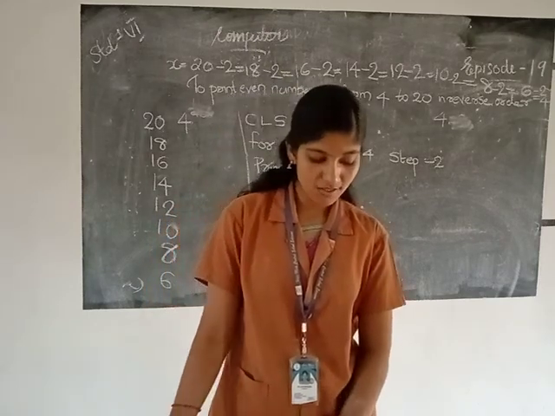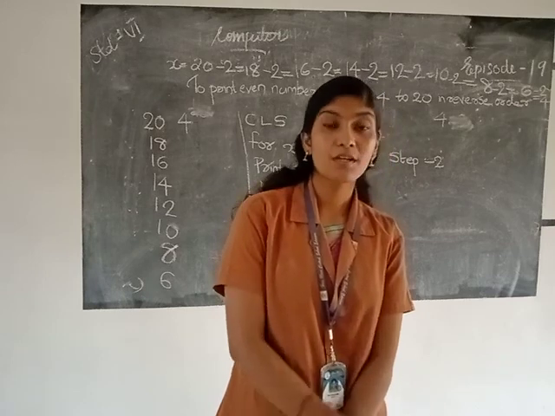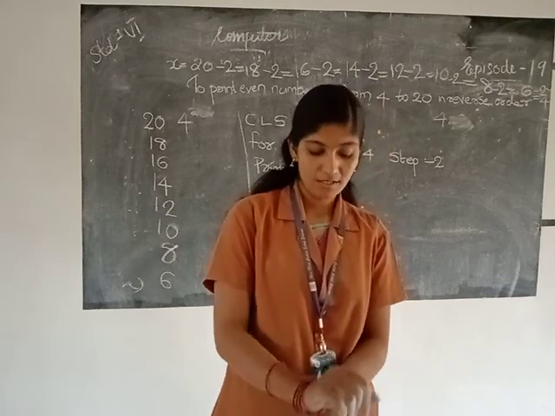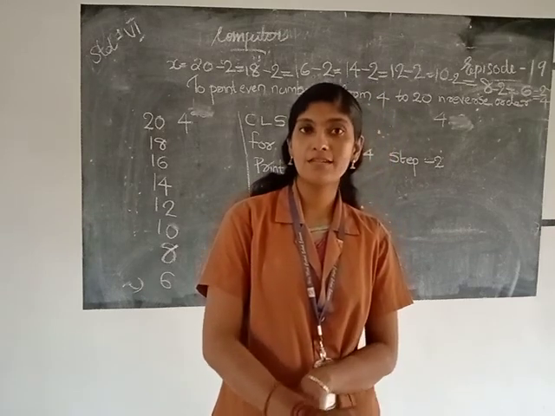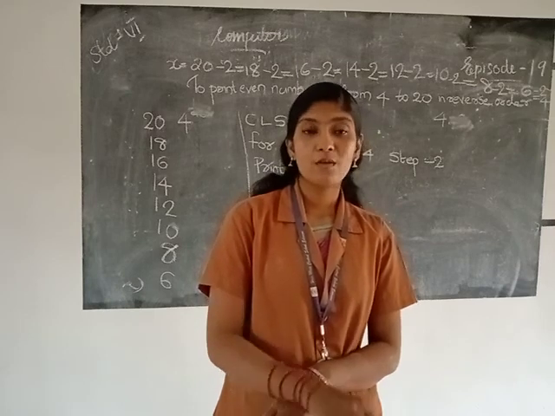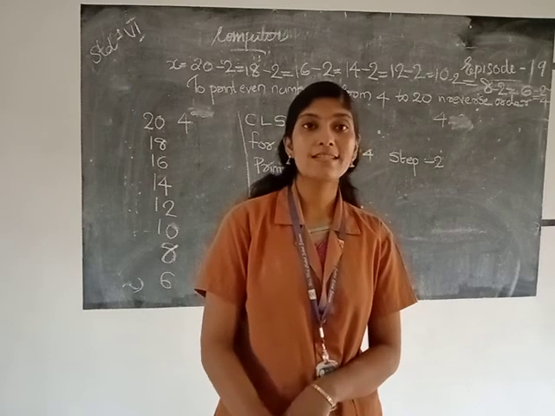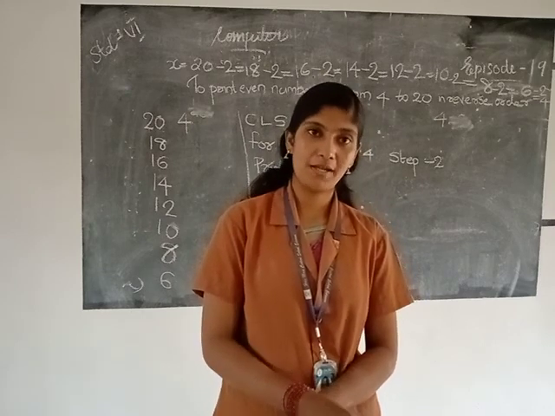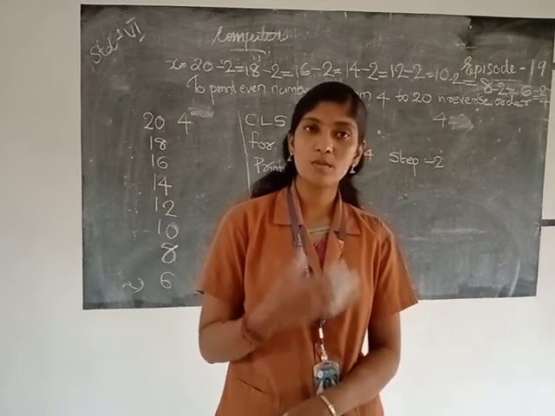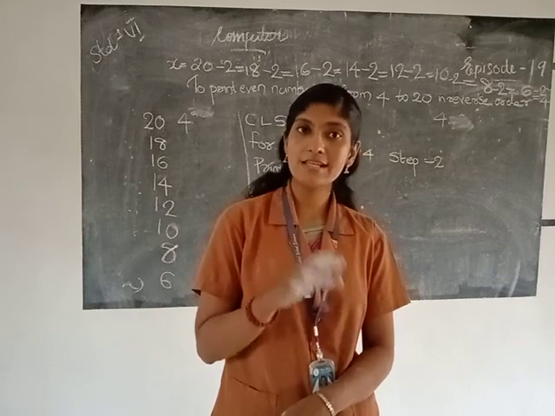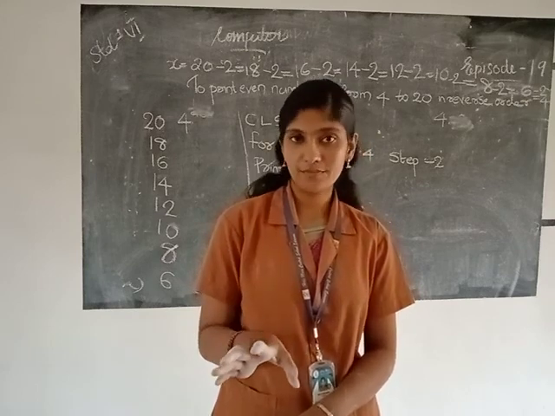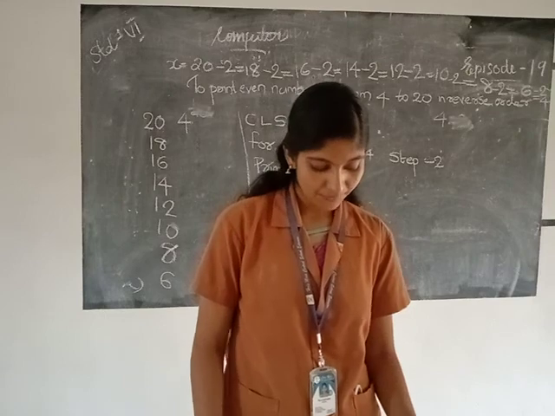Then the program should stop when the sum reaches 555. So we want to exit from the loop when the sum is 555. So the loop continues until it reaches 555, right? Okay.